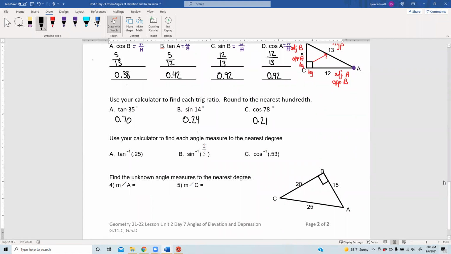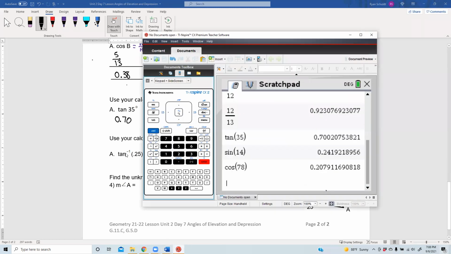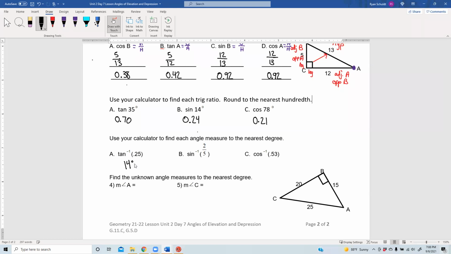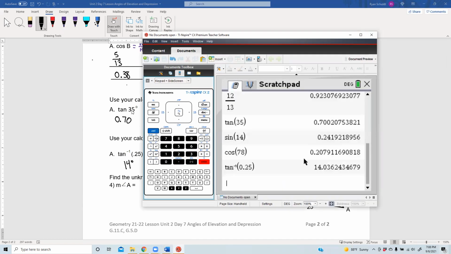We're doing the trig inverse to find the angle measures. So remember the inverse, that's the one with the -1 on it. So tangent inverse of 0.25 to the nearest degree, that would be 14 degrees. Then we want the sine inverse of 2/5.